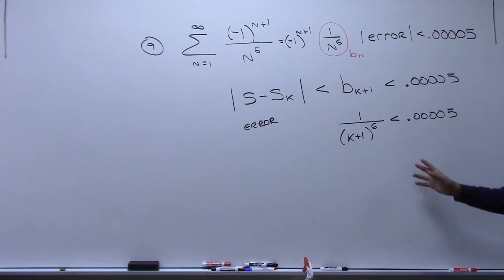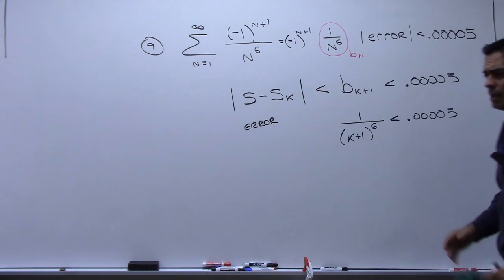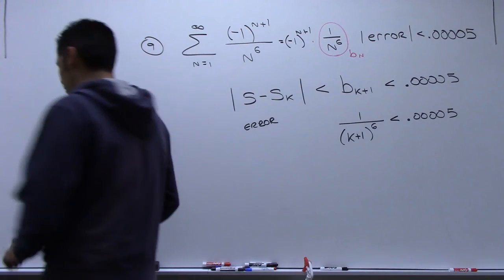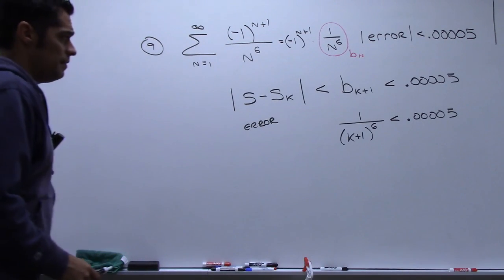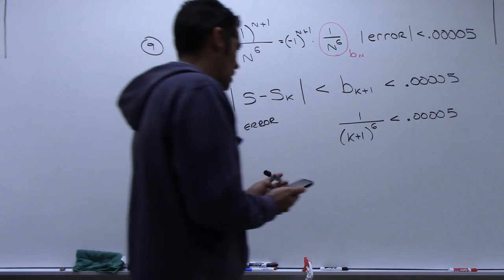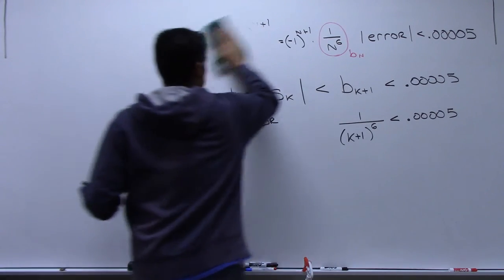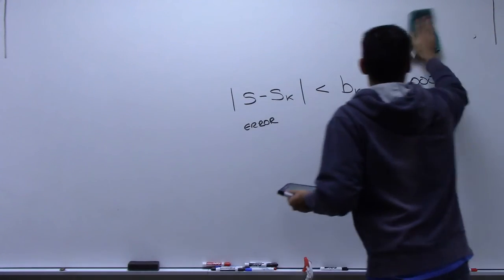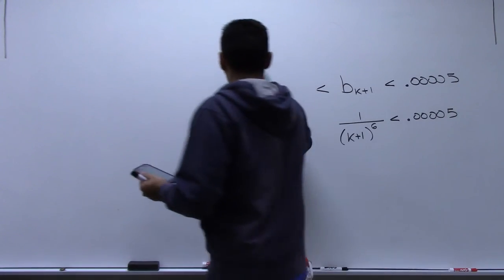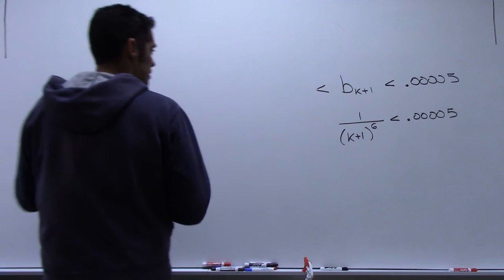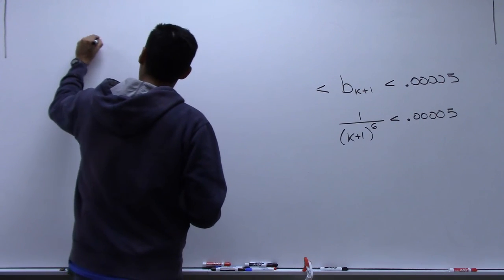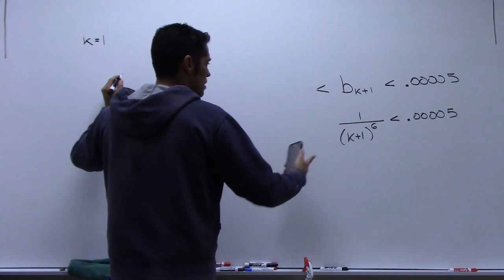There's several ways you could do this. You could try to solve for k here with an inequality, but we can just pick some numbers for k and see if it works. So I'm going to get my calculator out and start trying various values of k until I make that inequality true. Let's try k equals 1.